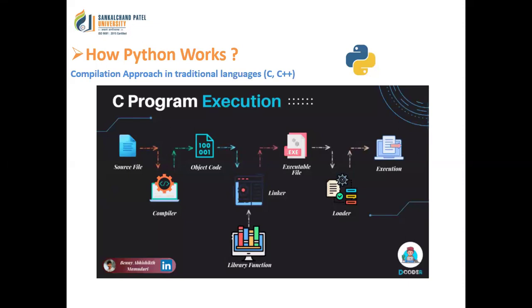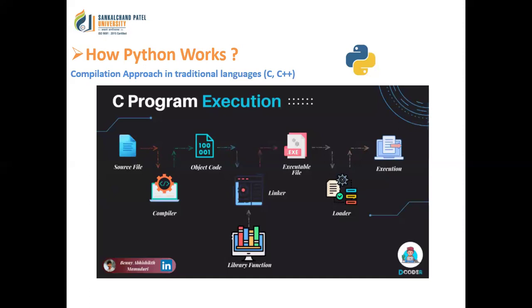Here in an image, I have given a basic idea of how compilation takes place in C program execution. We all know very well that suppose we write a program xyz.c in our C editor. Then for the execution of the program, in our first step, we compile that program.